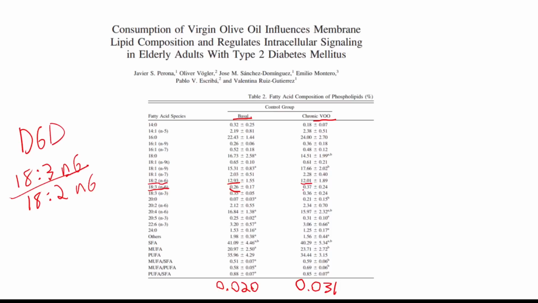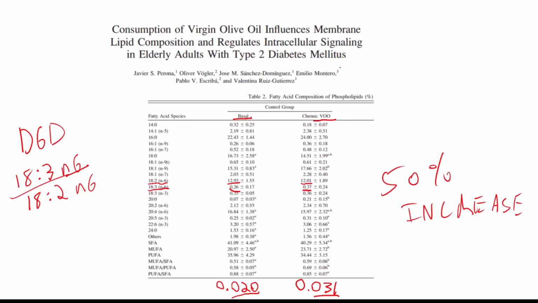But the thing is that GLA increases pretty significantly. So that means that the D6D index goes from 0.020 to 0.031. So that's about a 50% increase in D6D activity because they went from linoleic acid to oleic acid as the primary dietary fat.